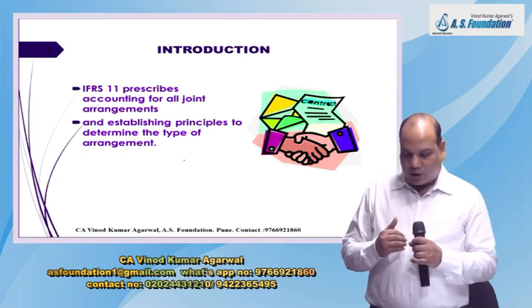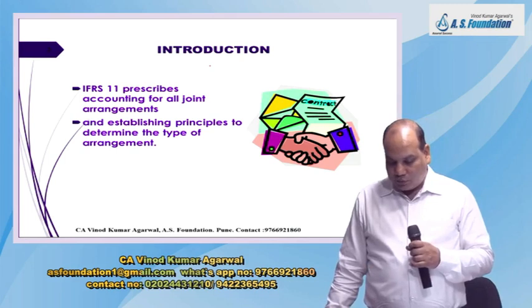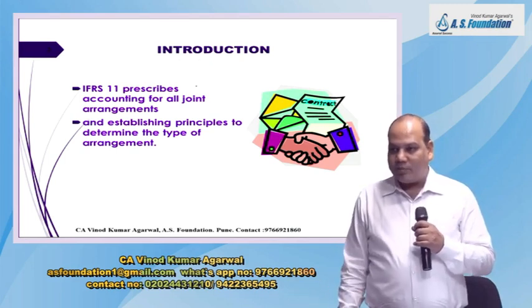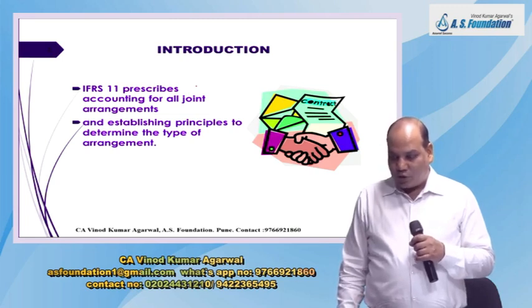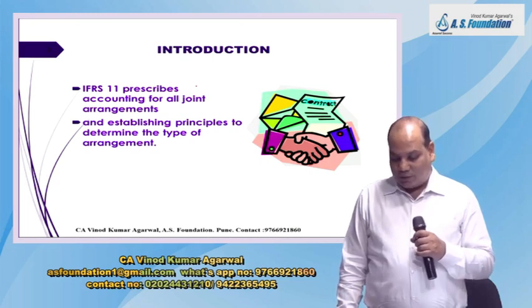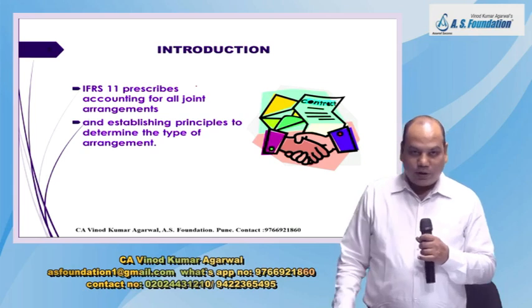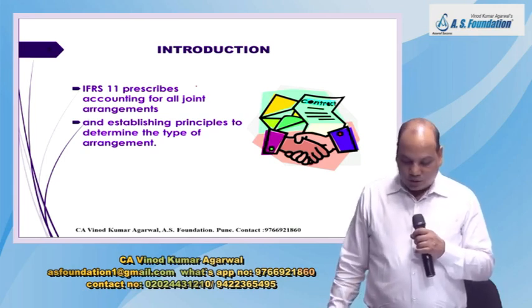But we are accountants. What will we do? First of all, we need to understand that there is a joint arrangement. If there is a joint arrangement, what is the type of joint arrangement? And after identifying the type, we will decide how to do the accounting.